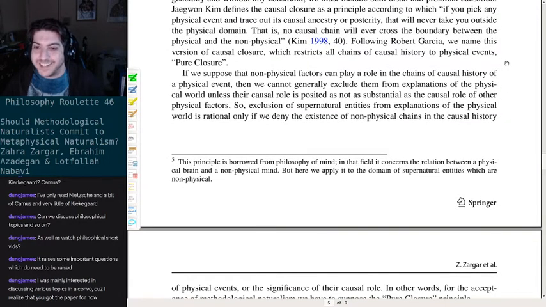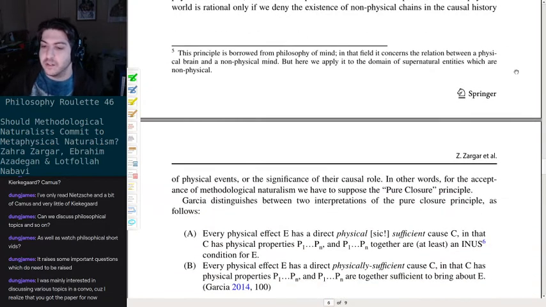If we suppose that non-physical factors can play a role in the chains of causal histories of a physical event, then we cannot generally exclude them from explanations of the physical world unless their causal role is posited as not as substantial as the causal role of other physical factors. So exclusion of supernatural entities from explanations of the physical world is rational only if we deny the existence of non-physical chains in the causal history of physical events or the significance of their causal role. In other words, for the acceptance of methodological naturalism, we have to suppose the pure closure principle.